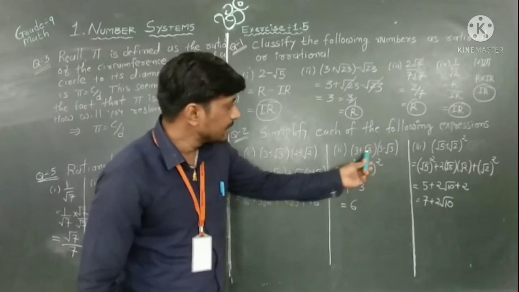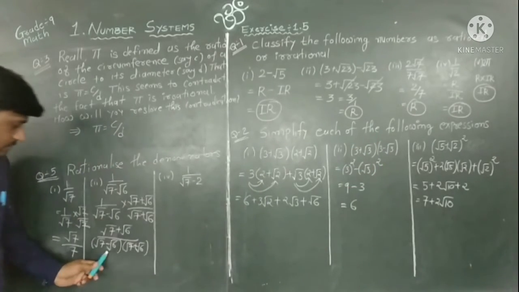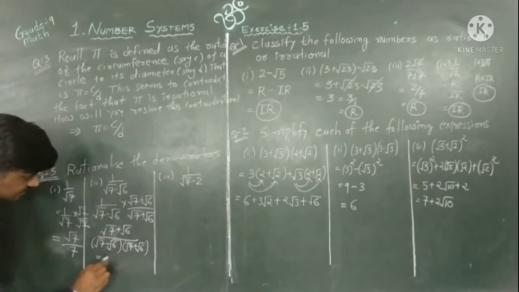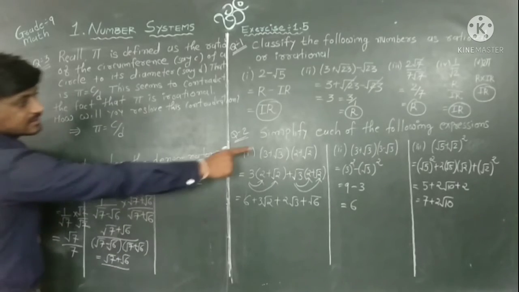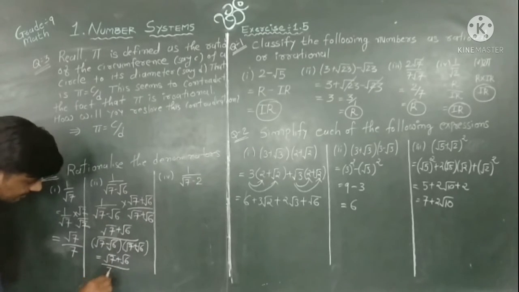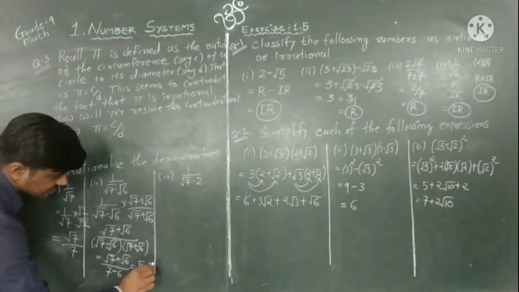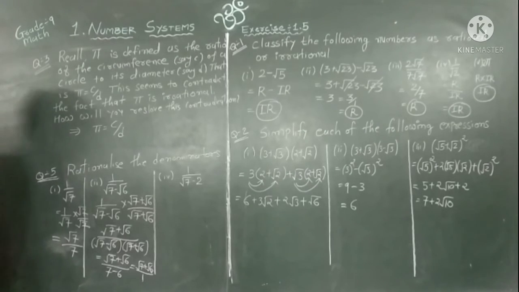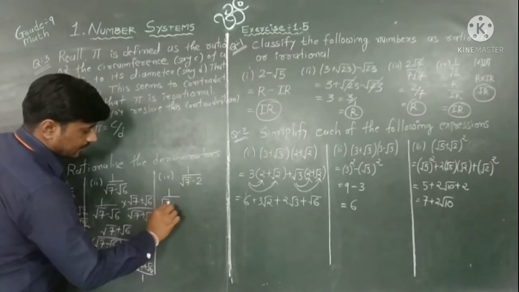Here look, 3 plus root 3, 3 minus root 3. I apply this identity here also. So what happened? I write directly the numerator as it is, root 7 plus root 6, and when we apply that identity we have 7 minus 6 that means 1, so root 7 plus root 6 upon 1.